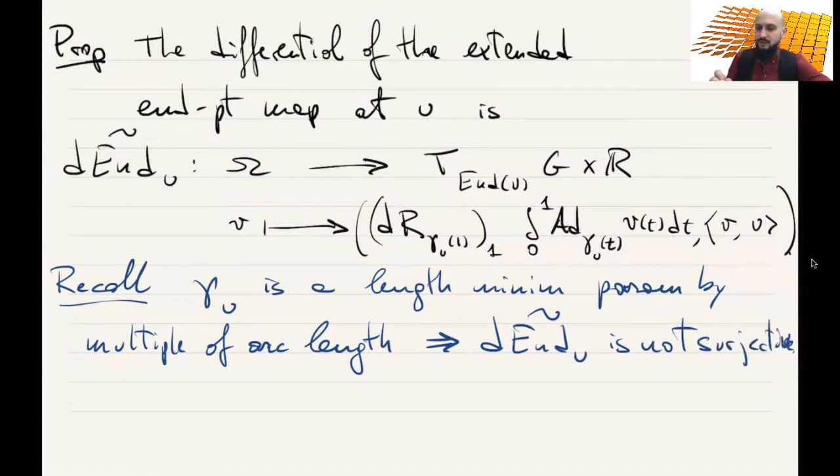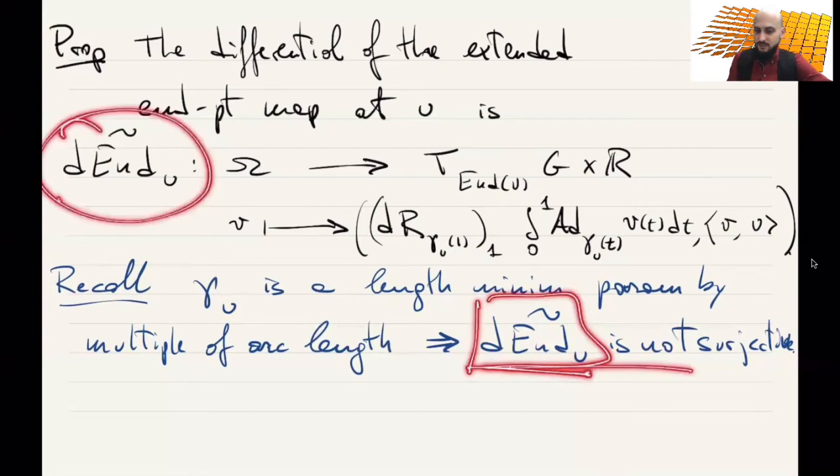Because otherwise, by the inverse mapping theorem, one could find a local inverse and decrease the energy, maintaining the same endpoint. Okay, so now we have an explicit expression for this differential.